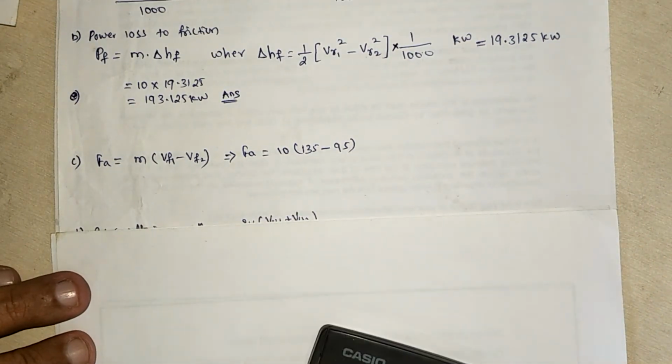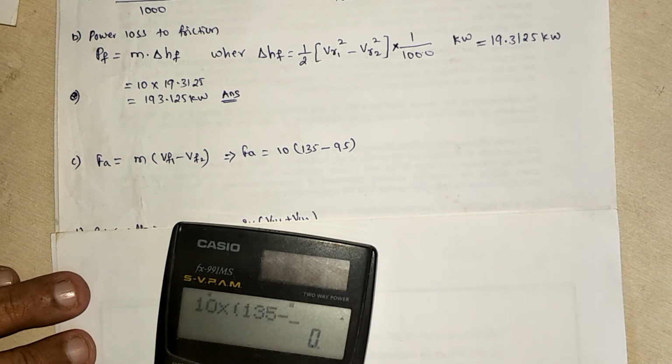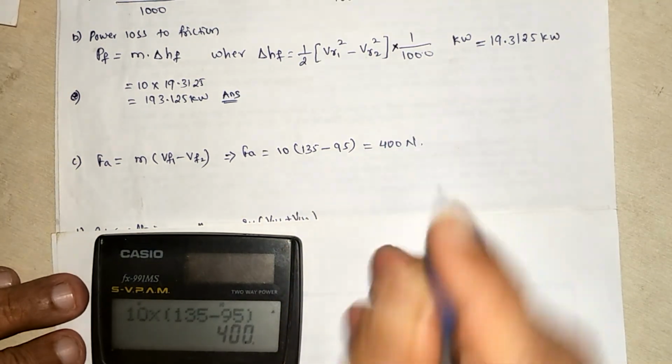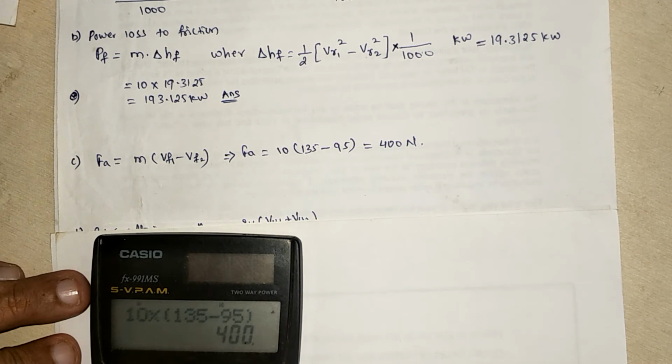So 10 into bracket 135 minus 95 bracket close. So you'll get 400 newtons. This is the value of delta F. That is FA. This is the value of FA.